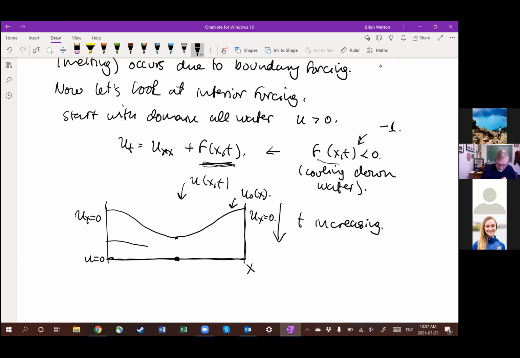And of course, I've got some diffusion going on. So this is going to flatten out a little bit, but let's assume that that's not too significant. I'm going to have this temperature. So now I'm going to have a freezing. I'm going to start here.